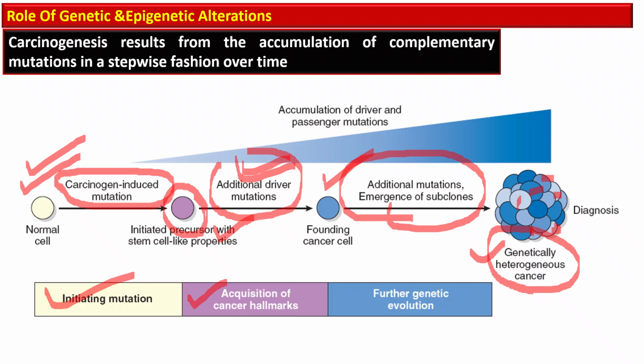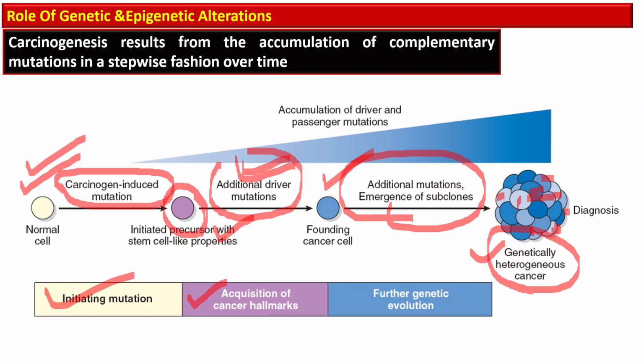So there is emergence of subclones, and these subclones are basically different populations of cells within the same tumor, and each of these subclones carries a unique set of mutations.